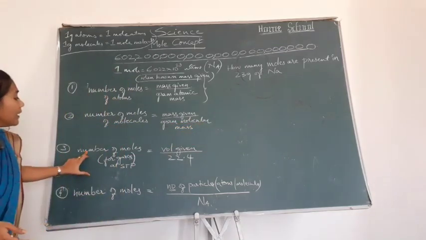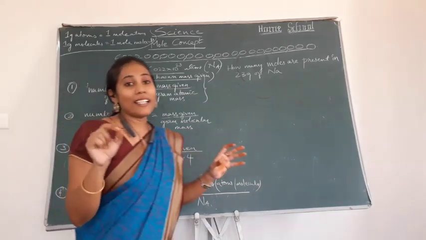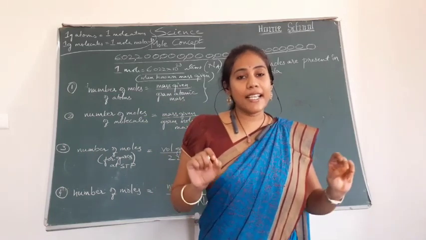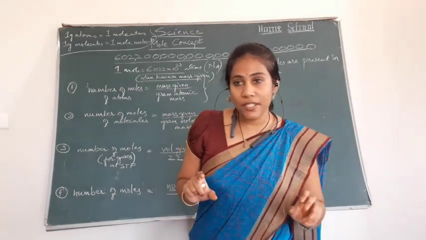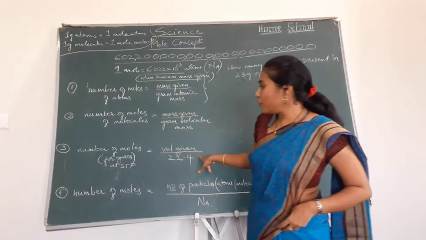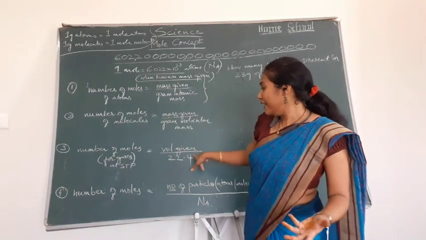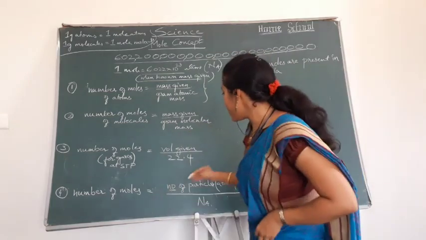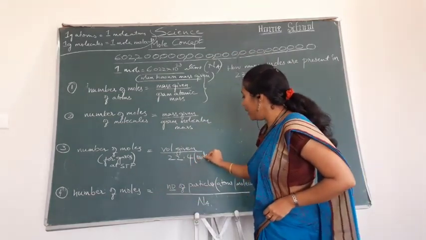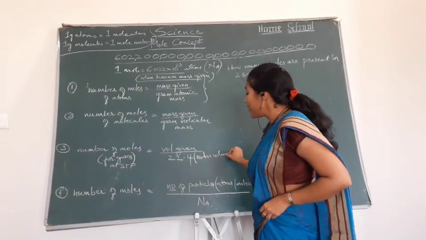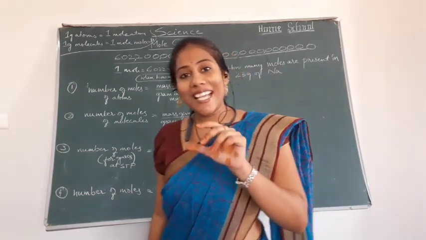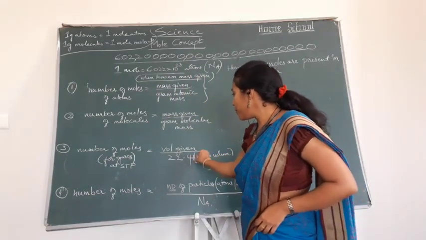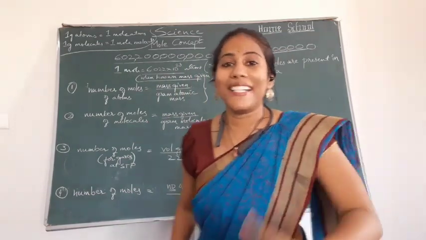Next, if a gas at STP is given and you are asked to calculate the number of moles, we use this formula: volume given divided by 22.4. This 22.4 is called the molar volume. That means 1 mole of gas can occupy 22.4 liters at STP.